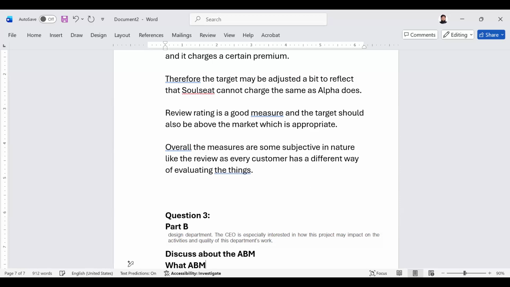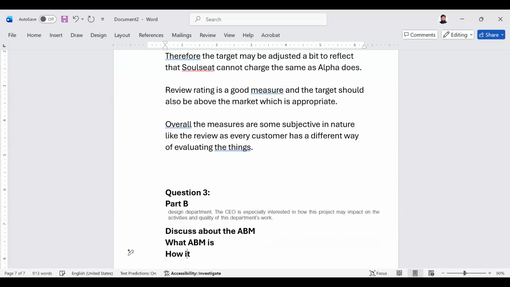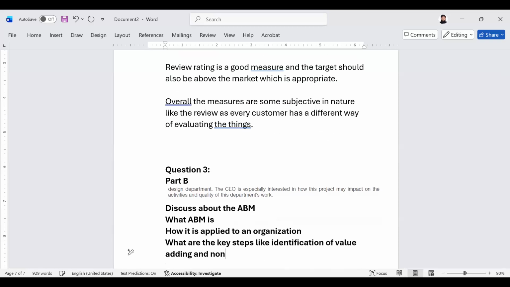What ABM is, how it is applied to an organization, what are the key steps like identification of value adding and non-value adding activities.